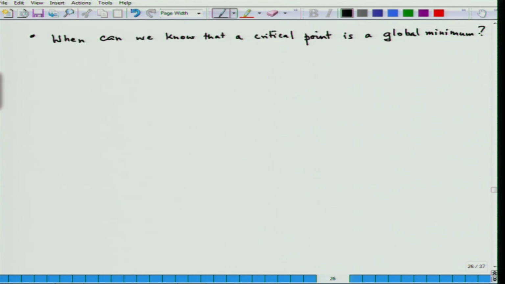This will lead us to the notions of convexity, which we will avoid at this moment. So, this leads us to the notion of convexity of a function.